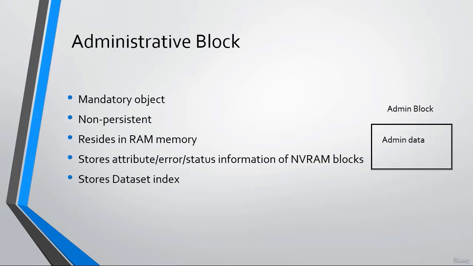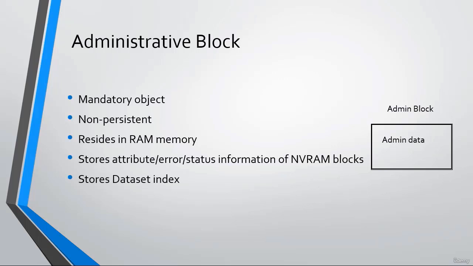Similarly, if there is an array of memory with equal sizes, and we need to move in this memory, we can access it using an index. If we get the correct index, we can access that particular part of the dataset. And this index value is stored in the admin block. So that's the importance of the administrative block.